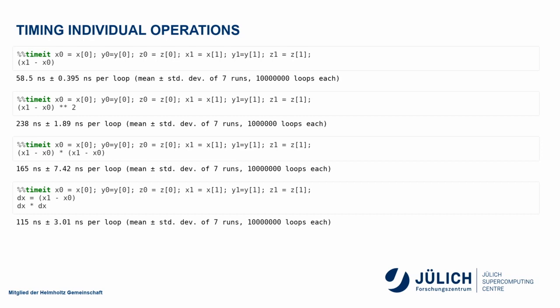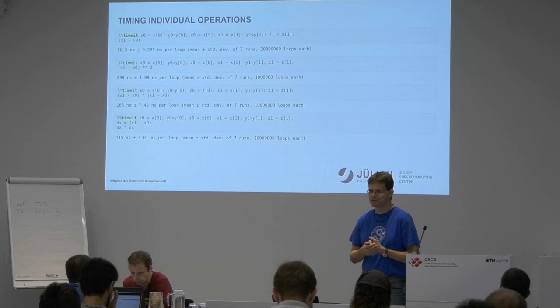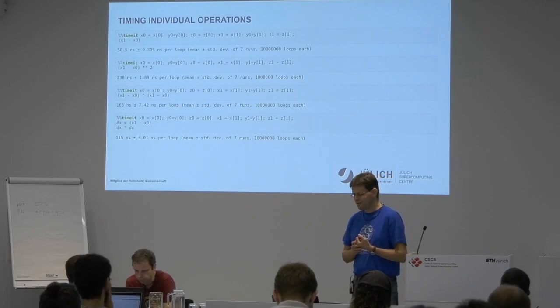Now, TimeIt is not perfect, especially for things that are so fast. It does its best by using large loop values, but it does have to fight, among other things, modern processors. This is true for any kind of profiling these days. If you want to do real performance measurements on modern processors, it's a pain.